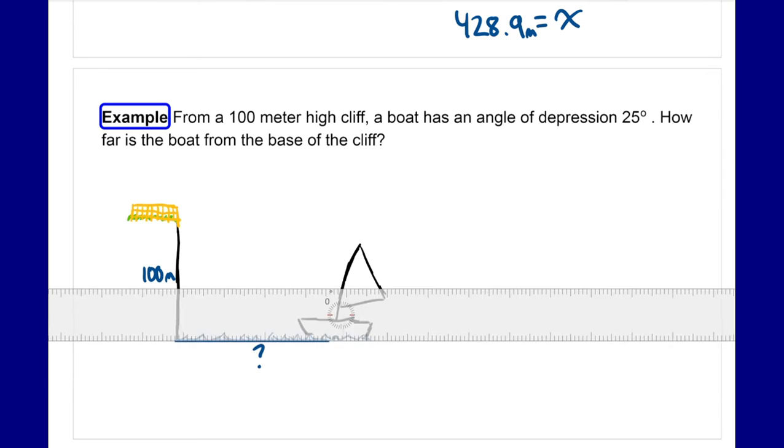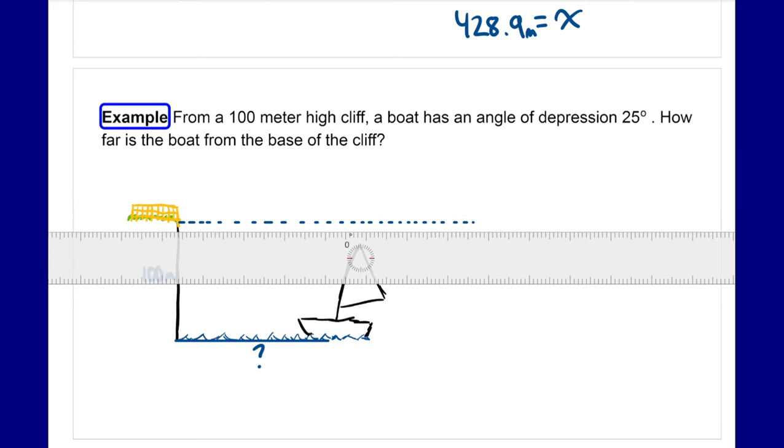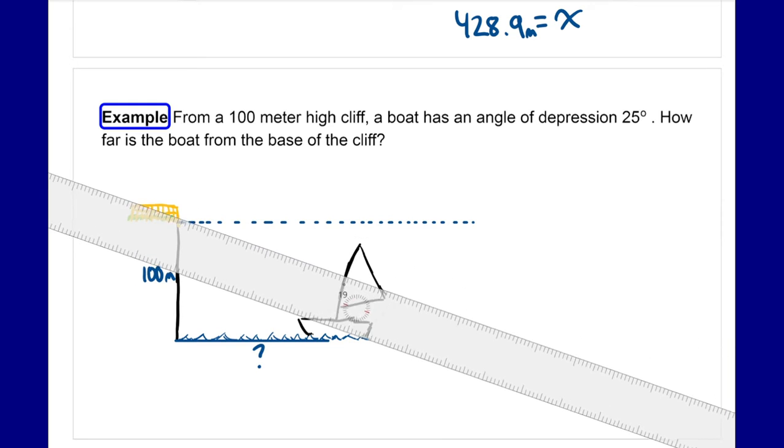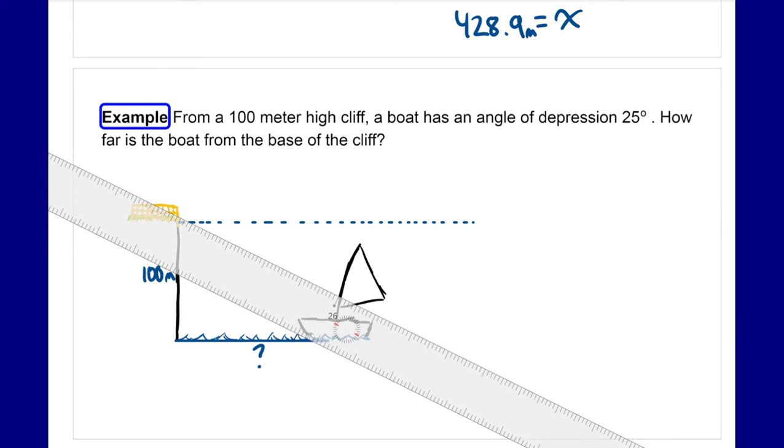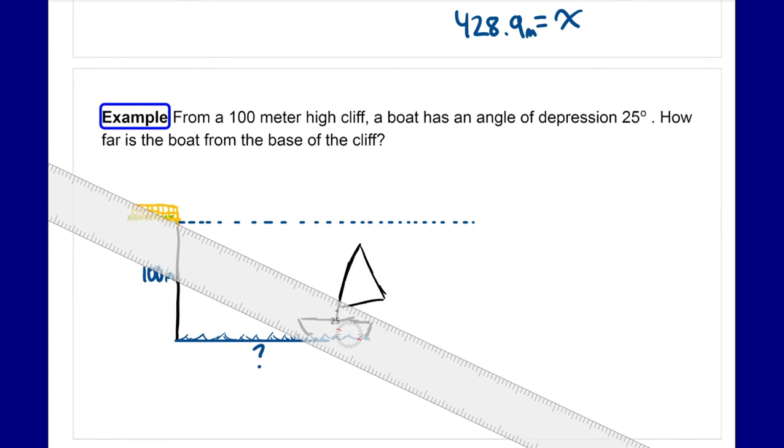So the angle of depression is a little bit different from elevation because it's still from a horizontal. So if we imagine a horizontal line going out, the angle of depression then is 25 degrees downwards.